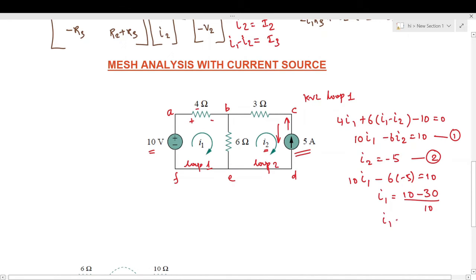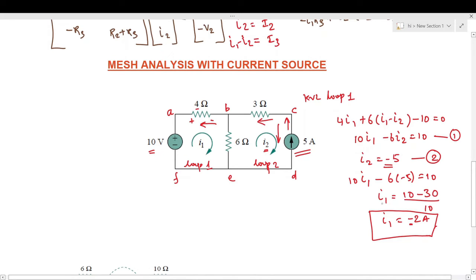So the I1 value will be minus 2 amps. This negative term indicates that the current I1 direction is opposite to the marked direction, so it is in this direction. Okay, now I2, we know that this is minus 5 amps, so the I2 direction is also in this direction.